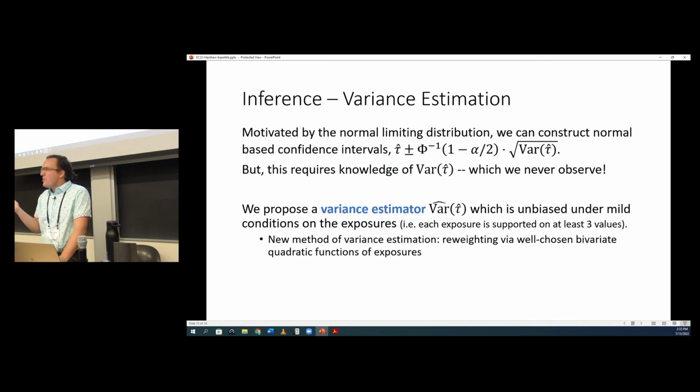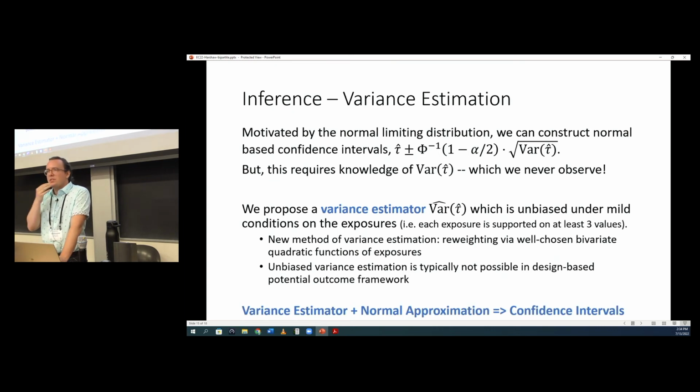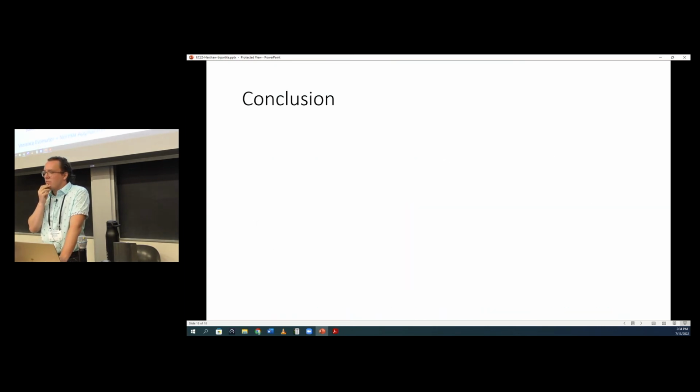And it's a new method of variance estimation that relies on the fact that exposure is continuous and not a binary thing. And this is surprising because unbiased variance estimation in design-based frameworks is typically not possible. You have to have a conservative estimate. So it's surprising we can do that here. And this gives us asymptotically valid confidence intervals.